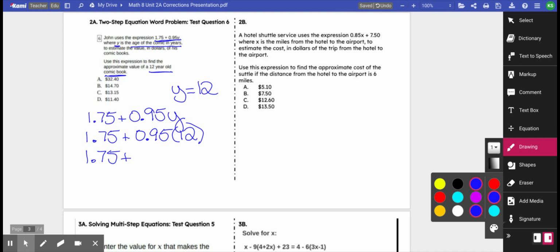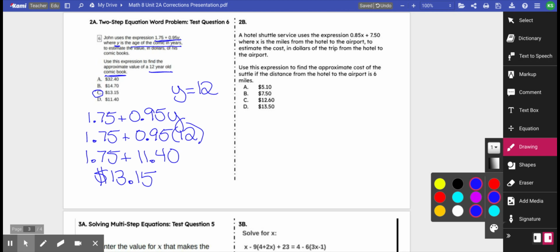When we multiply that together, we get 11.40. Now we just add those two together. So 11.40 plus 1.75, we get 13.15. So that is the approximate value of that comic book currently. So our answer would be C.